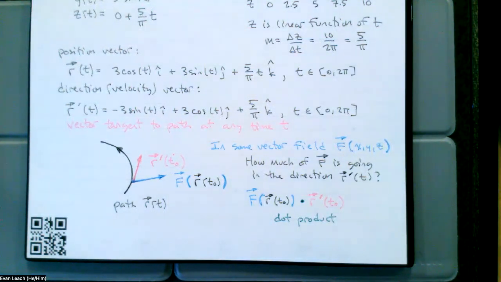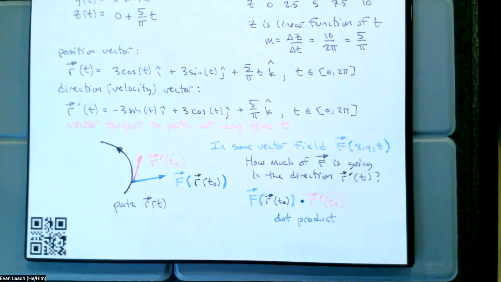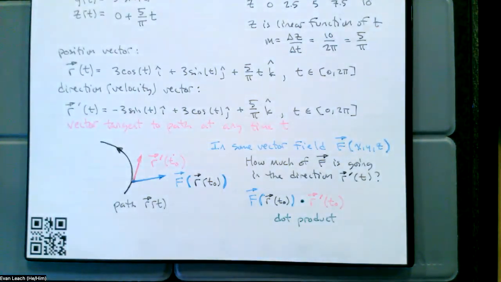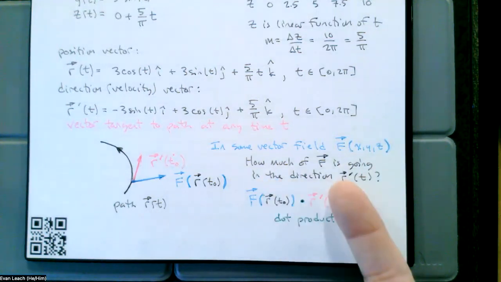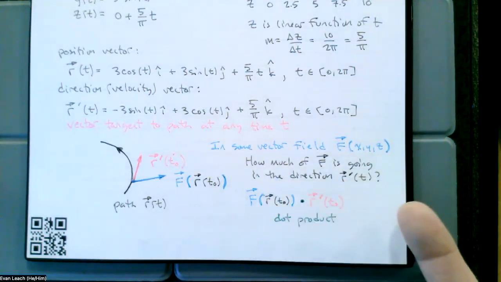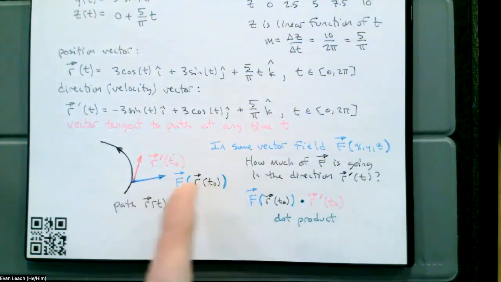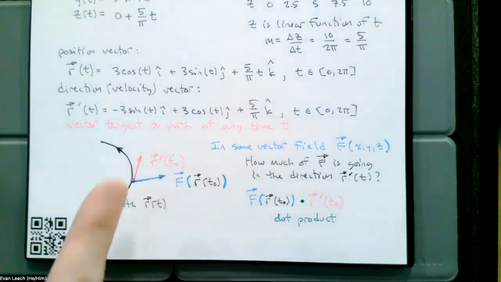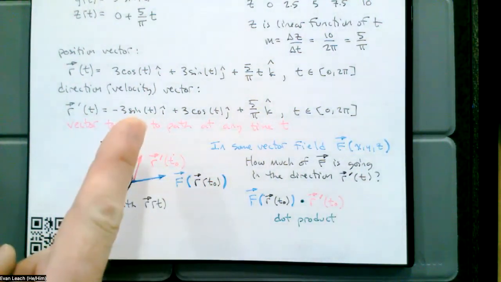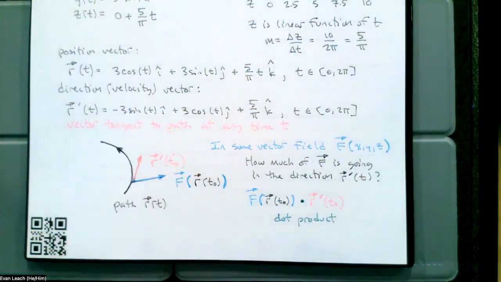So it still fits with our design of calculus. Integration is multiplication, but one of the factors is continuously variable. In this context, our multiplication is a dot product because we want to know how much of one vector is going in the direction of another vector. How much of this F vector field vector is in the direction of our path, the direction of our path being described by the derivative.